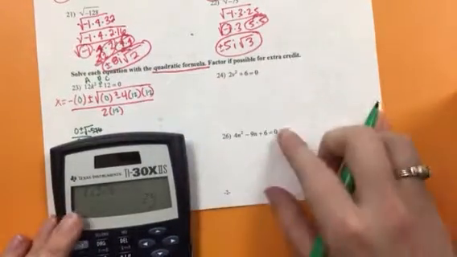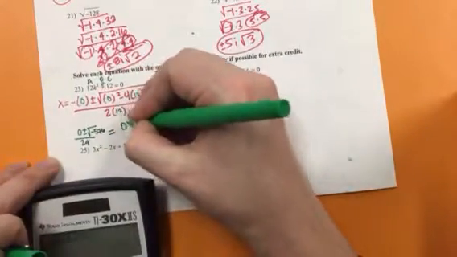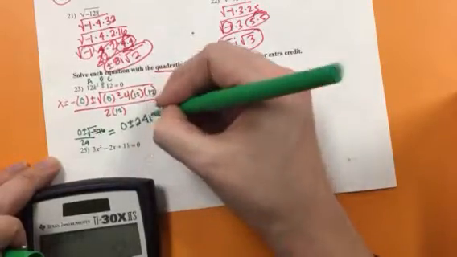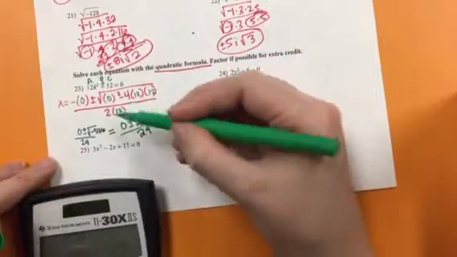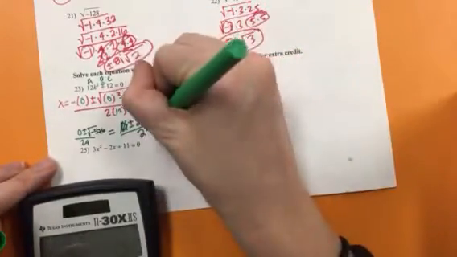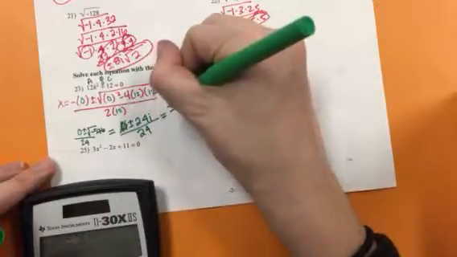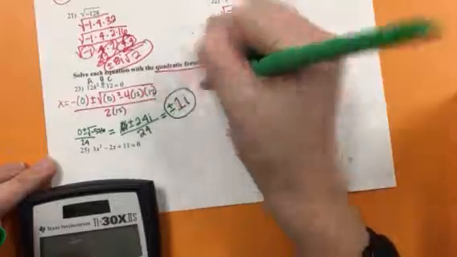The square root of 576 is 24, so that's going to be equal to 0 plus or minus 24. Because it was negative, I need an i on there over 24. 0 I don't need. 24 divided by 24 is 1, and then I keep the i attached.